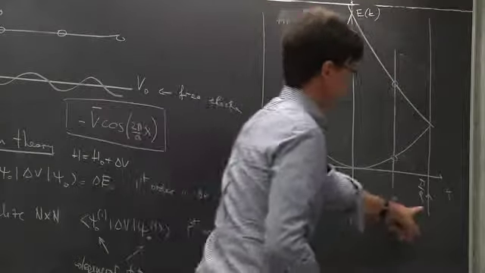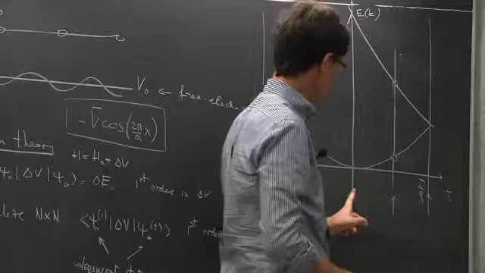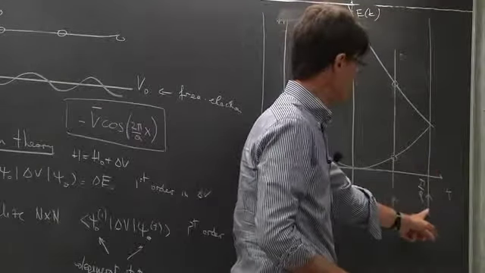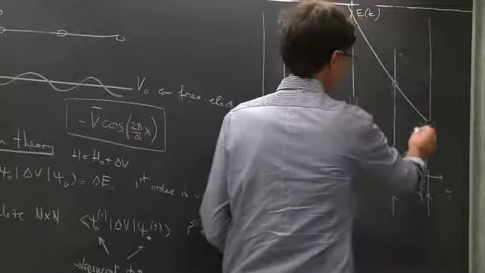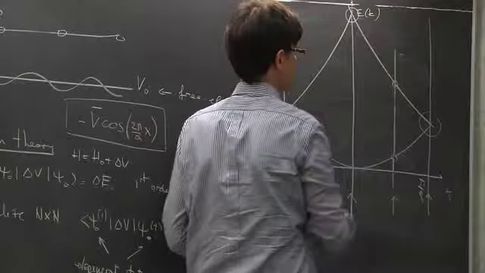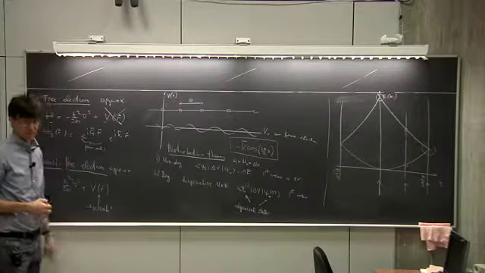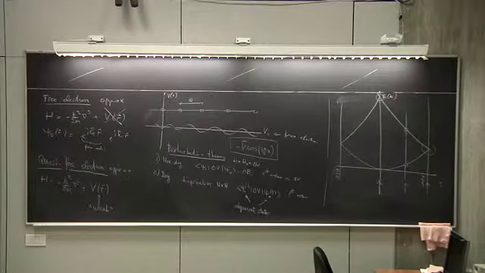This is, of course, the same as this, right? Because it's periodic. So the only tricky points are k equals 0 and k equals pi over a, because here we do have a degeneracy. And here we do have a degeneracy. So here we have to be careful. We need to apply perturbation theory for degenerate states.